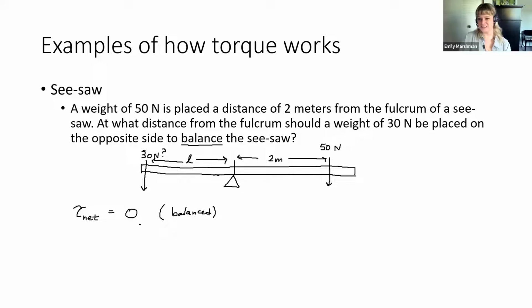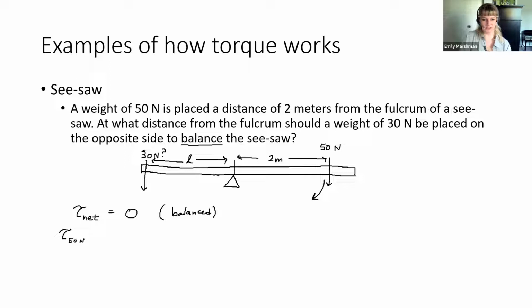There are two forces that are causing a net torque on the seesaw. There's one due to the 50 Newton weight and the other one is due to the 30 Newton weight. The torque due to the 50 Newton weight is causing the seesaw to rotate this way.